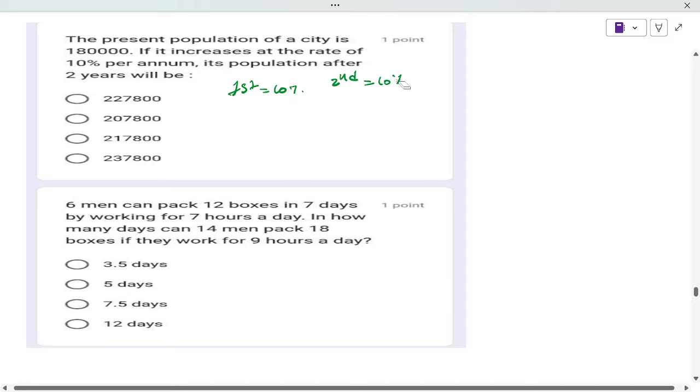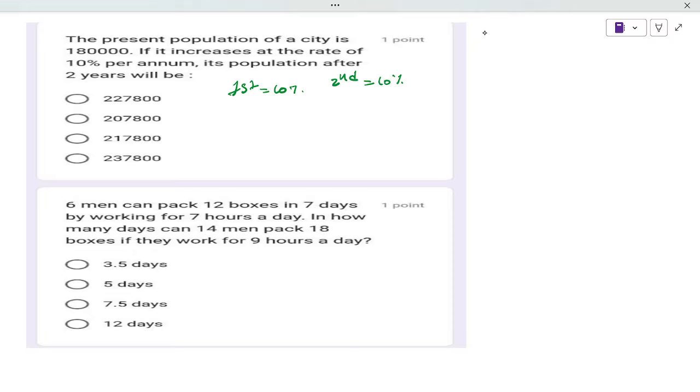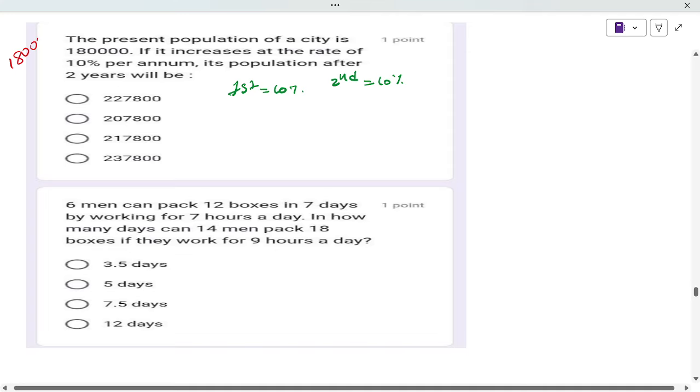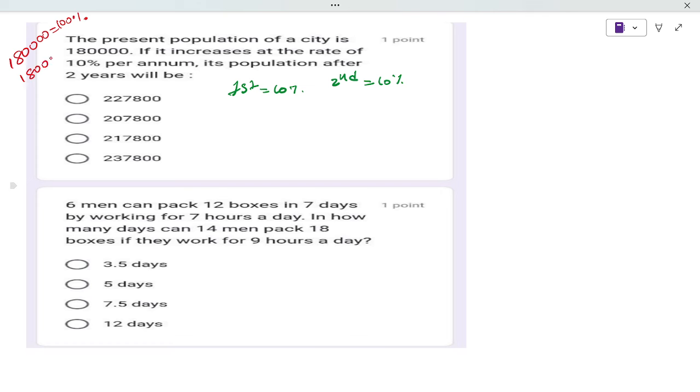First year 10% ase. Okay, no worries. First year 10% ase. So 180,000 lado 100% ase. 10% is 18,000. So the first 10% is iman ase.